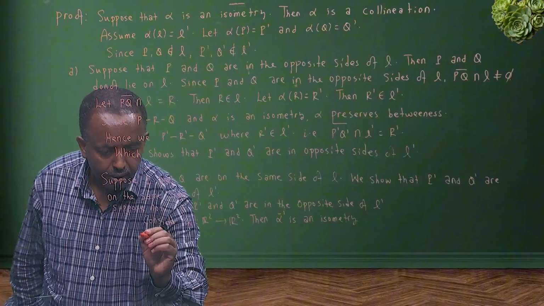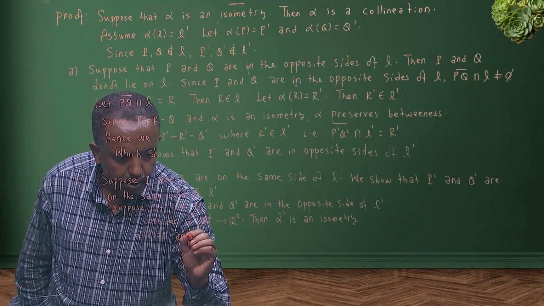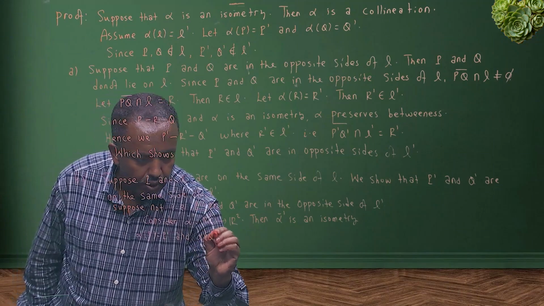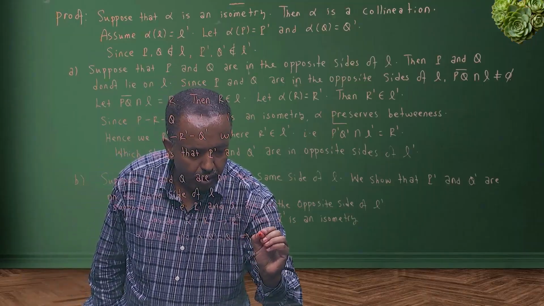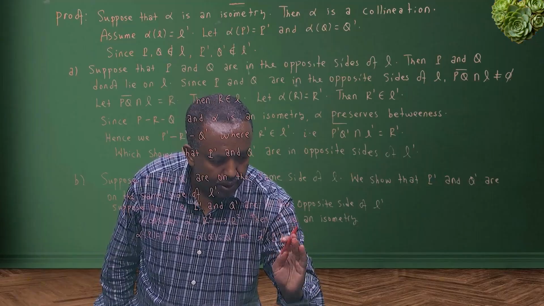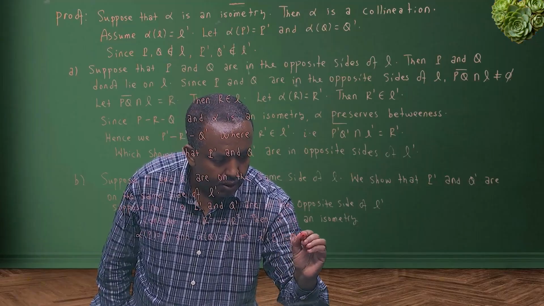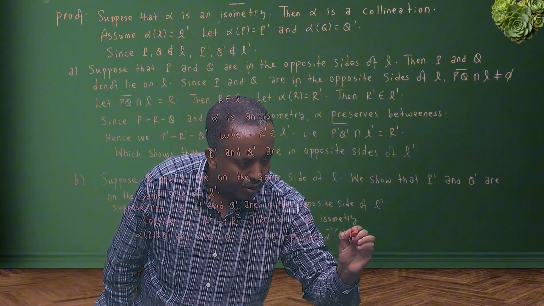Since alpha of P is P prime and alpha of Q is Q prime, we have alpha inverse of P prime is P and alpha inverse of Q prime is Q.